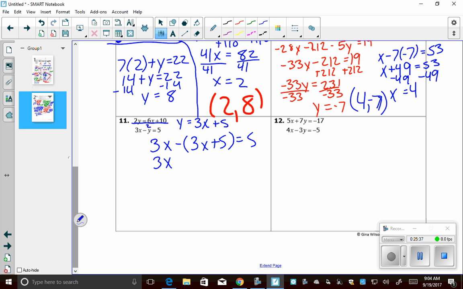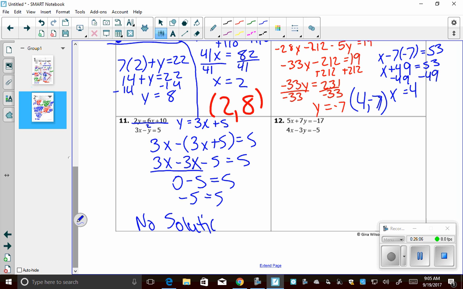You get 3x minus 3x minus 5 is equal to positive 5. If you notice, 3x minus 3x will give me 0, minus 5 is equal to 5. The 0 doesn't change, so you get negative 5 is equal to 5. If you notice, negative 5 cannot equal 5, so your answer is going to be no solution.